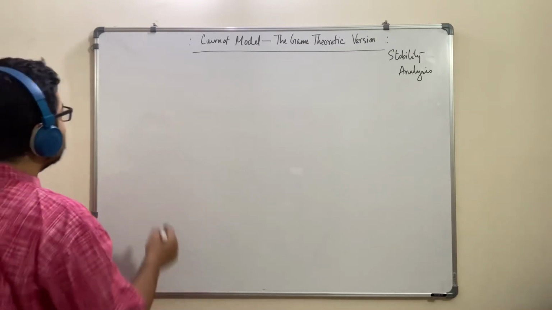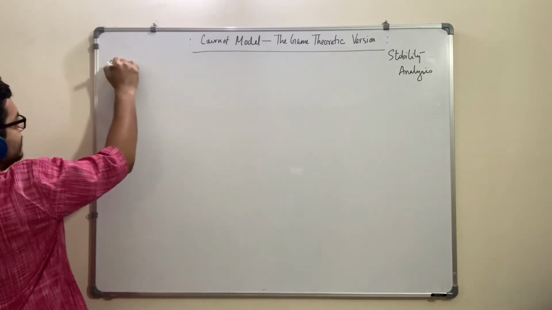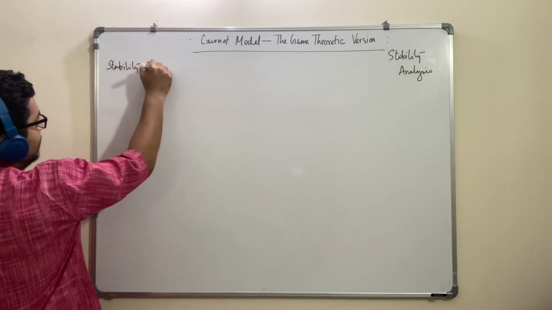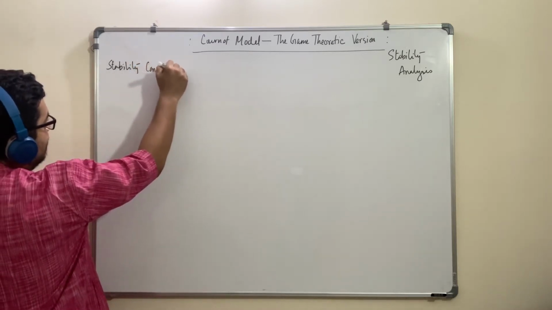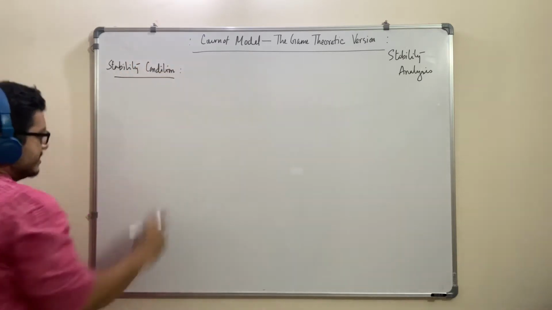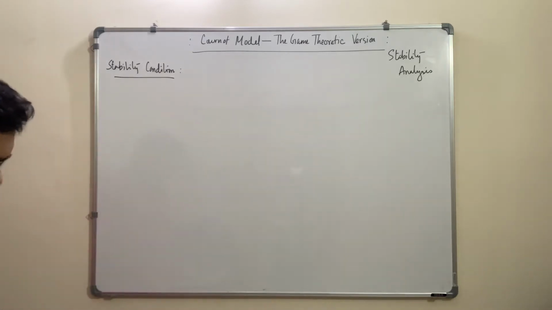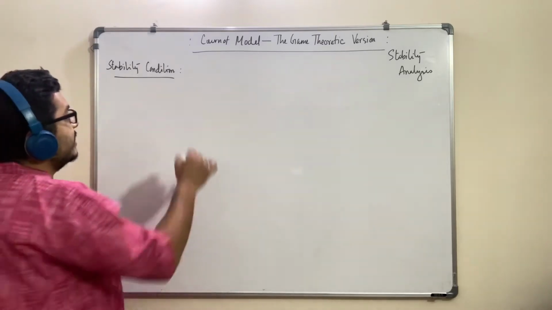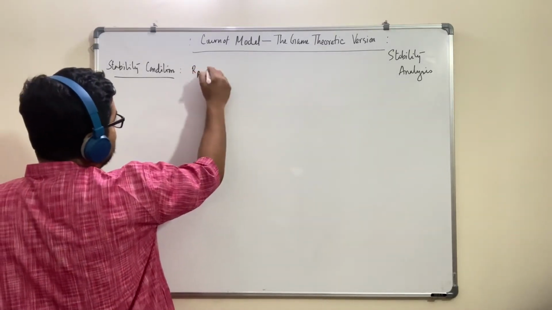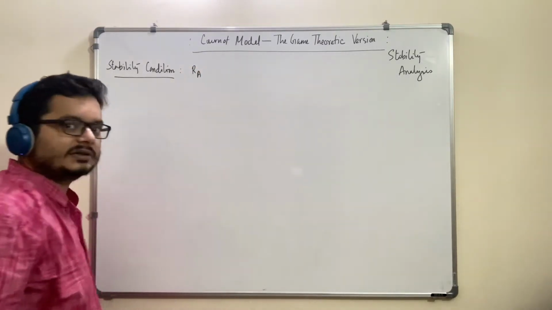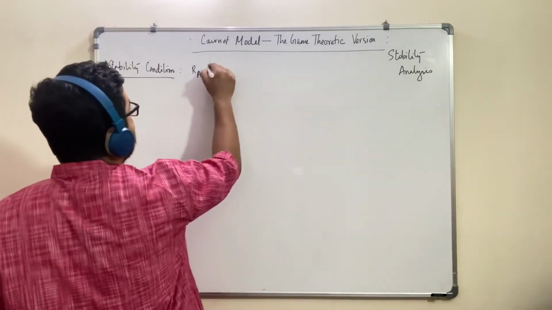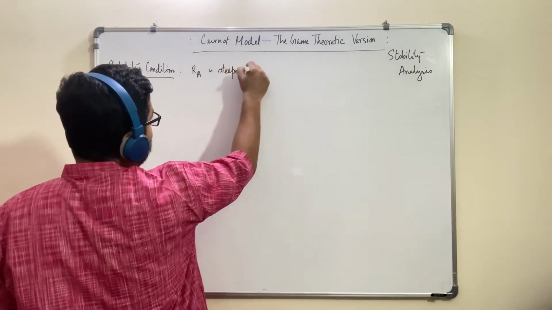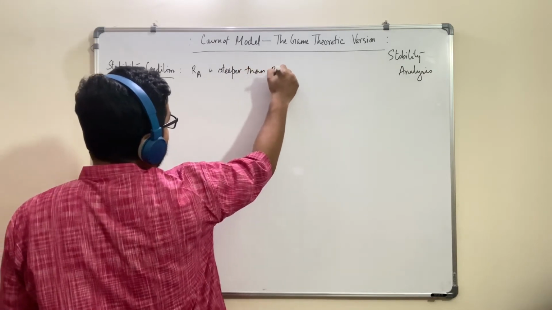So what was our stability analysis? Let's go back to what Cournot said to be the stability condition. Put simply, RA, the reaction function of A, is steeper than RB.